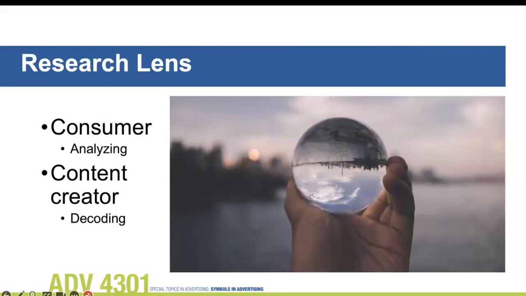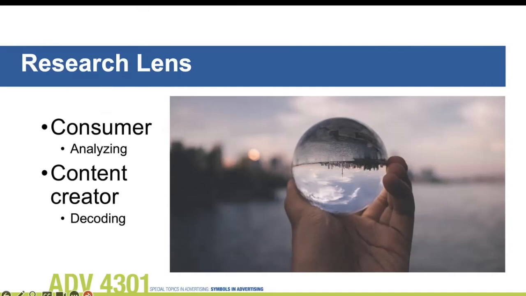So let's talk about your research lens. You need to check your lens before you start. Are you analyzing or are you decoding? If you're analyzing, your lens is your own worldview. You are interpreting how you feel, how the images, the setting, the camera angle, and the words make you feel.